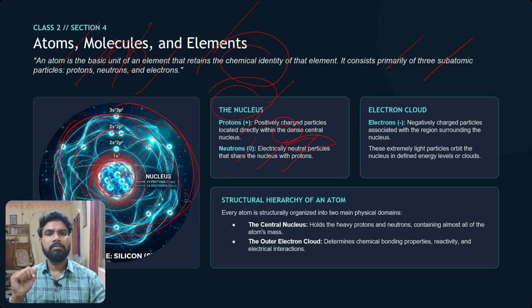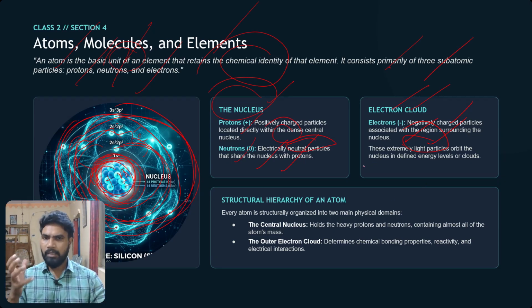Then we will see the electron cloud which surrounds the nucleus. You see, they are negatively charged particles, and they have negligible mass. They are associated with the region surrounding the nucleus. These electrons are extremely light particles. You can say they have almost zero mass.